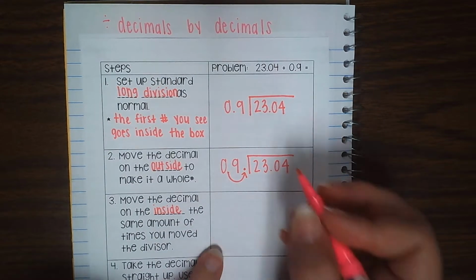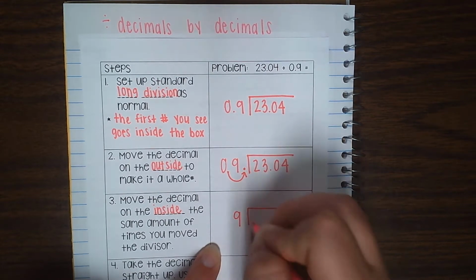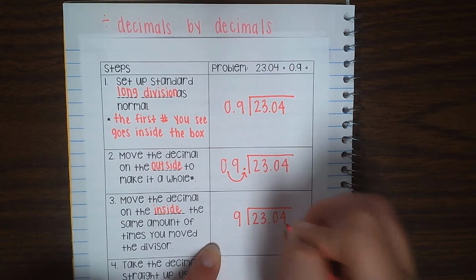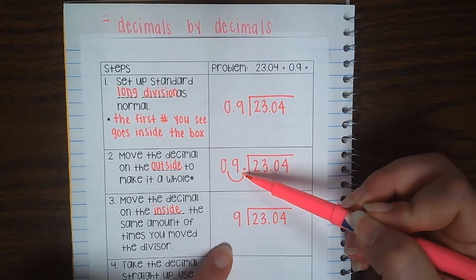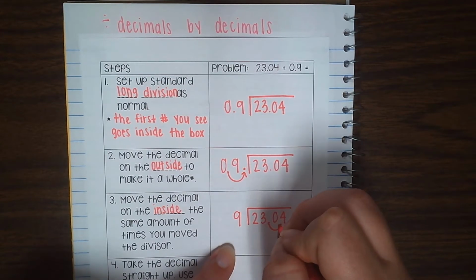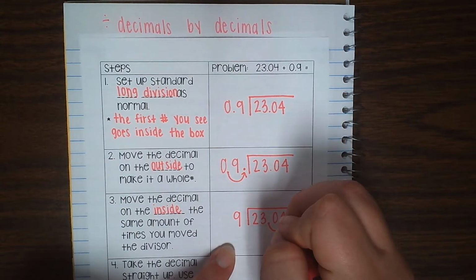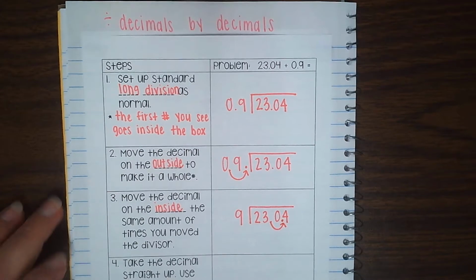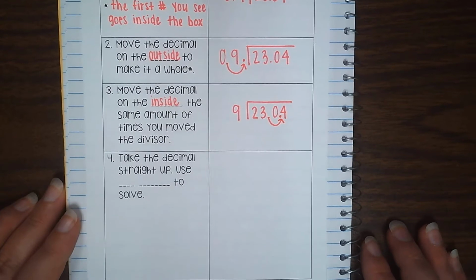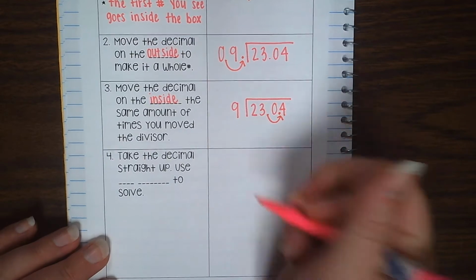Okay, so now we have 9 on the outside. We've still got 23 4/100 on the inside, but since up here we moved our decimal once, we're going to move our decimal in the same direction as we did before, one time. So our decimal now goes between our 0 and 4. Now we have a standard dividing a decimal by a whole number.